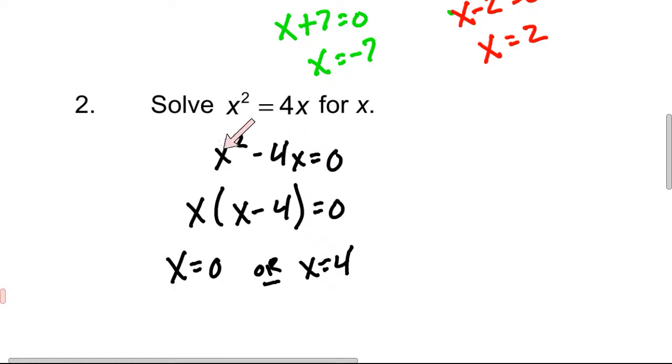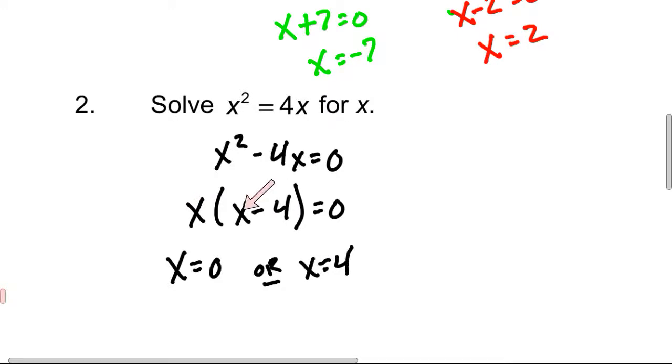And then you're essentially factoring. When I'm factoring, the first thing I always look for is the greatest common factor, or GCF. I look at the first term and the second term and ask, what do they have in common? The coefficient here is 1, the coefficient here is 4, so I can't do anything with the coefficients, but this has 2 x's and this has 1 x, so I can factor out an x.